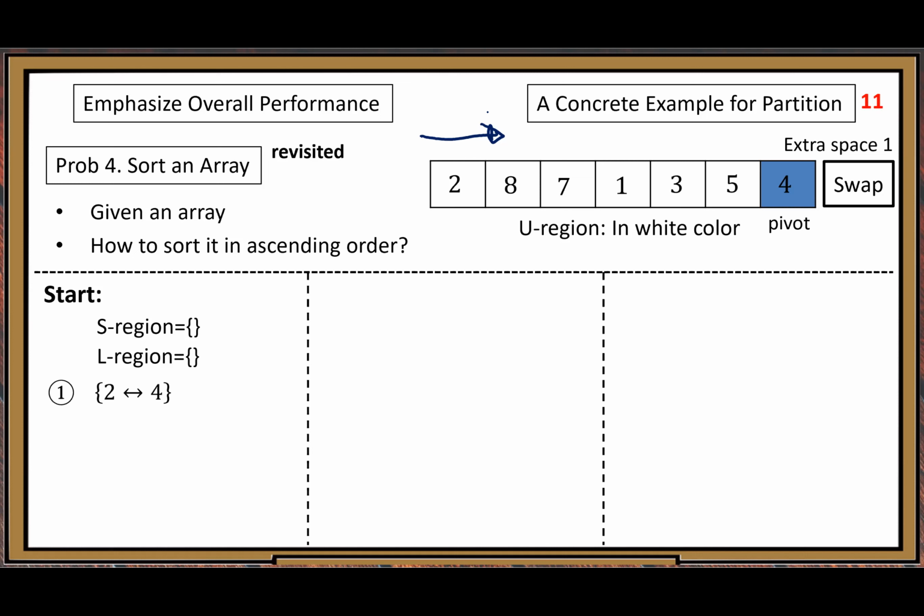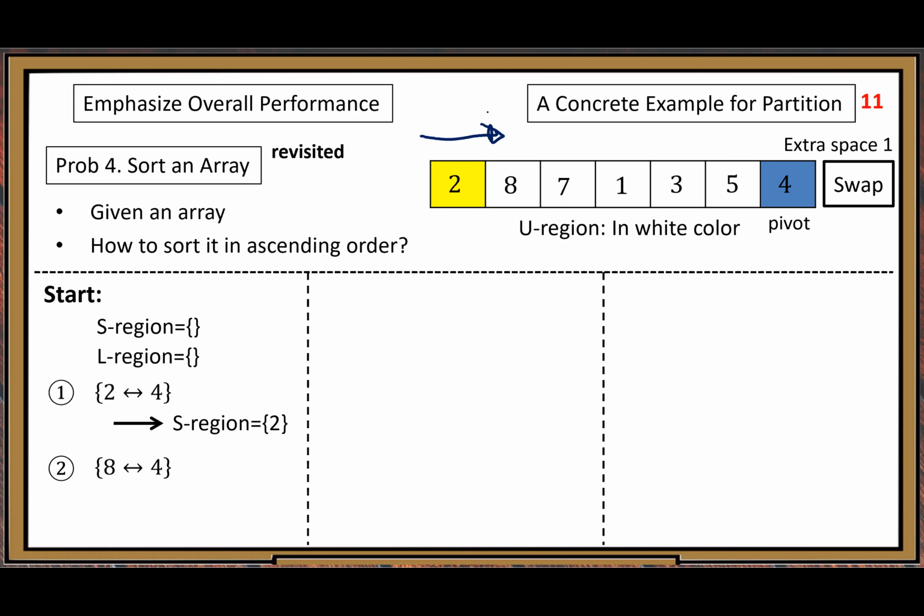Step 1, let's compare 2 and the pivot element 4. It is smaller than 4, so we should move it to S region. So we grow S region by adding this element. Step 2, we compare 8 and the pivot element.